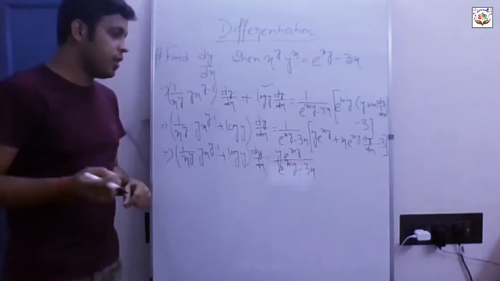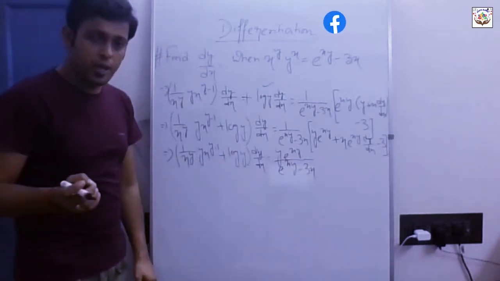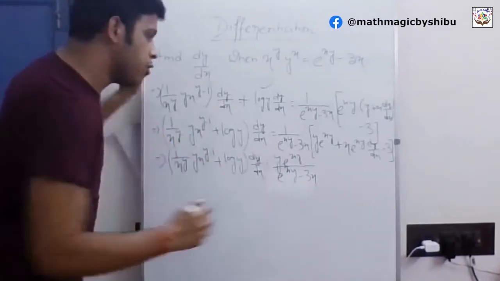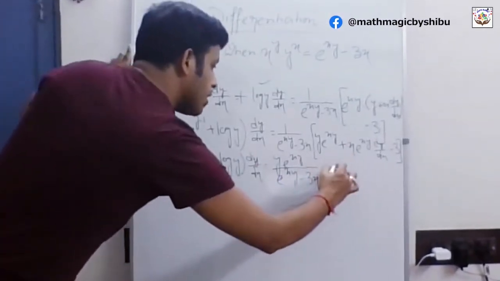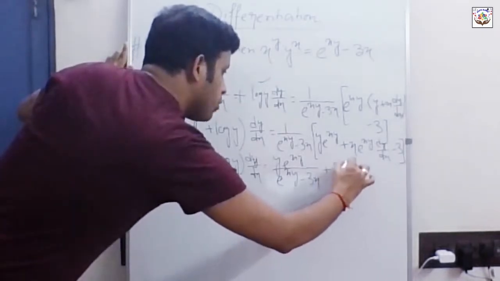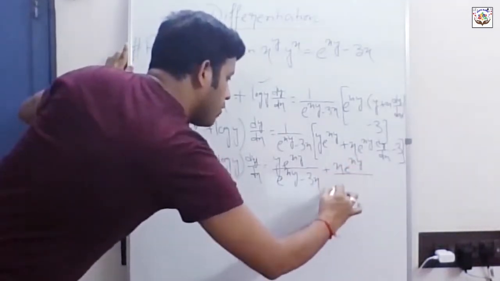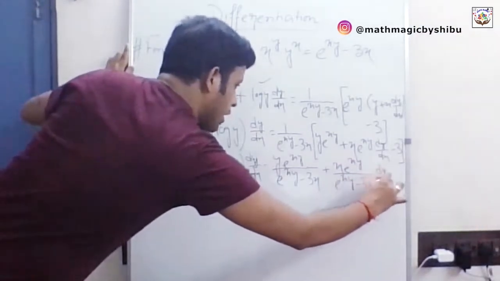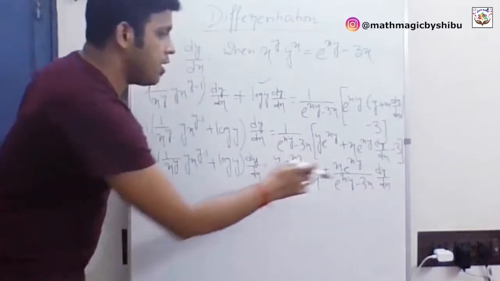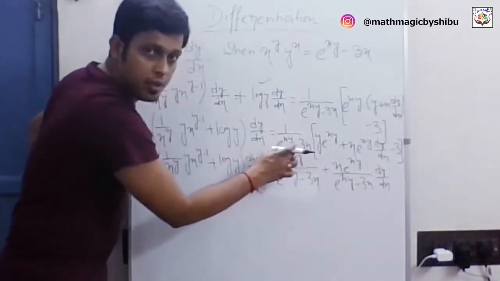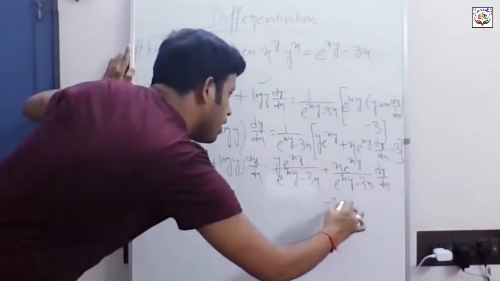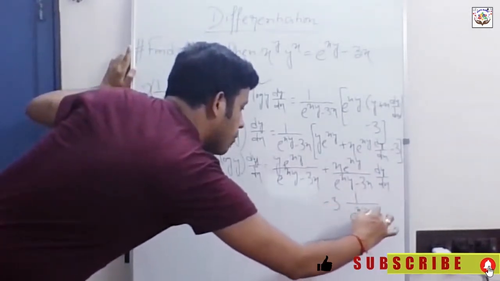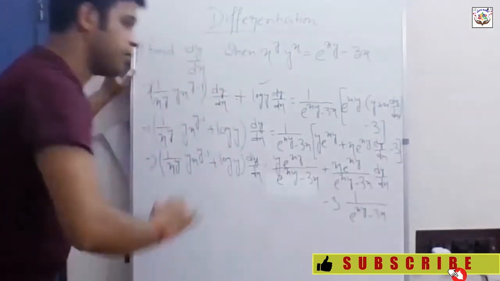Please follow step by step. This is very important to understand. So after that part, it would be plus x e to the power xy divided by e to the power xy minus 3x into dy dx, and in the last part minus 3 into 1 by e to the power xy minus 3x. Fine.